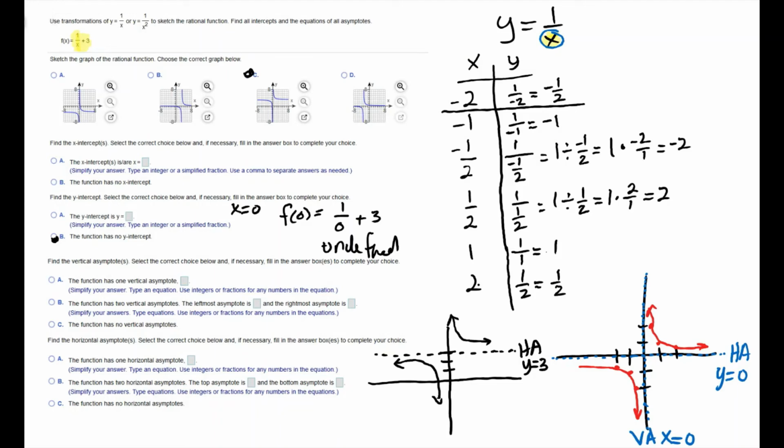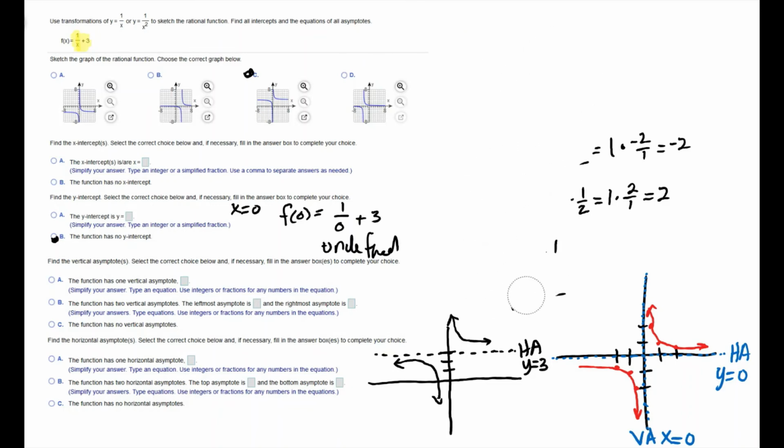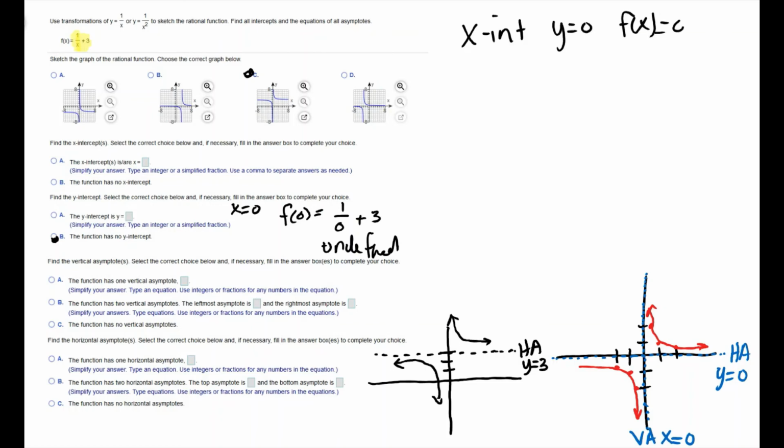It also asks for x-intercepts. I'm going to have to erase a little bit here to get the x-intercepts. How do you find an x-intercept? You let y equal 0 or your function equal 0. I'm setting the whole function equal to 0.